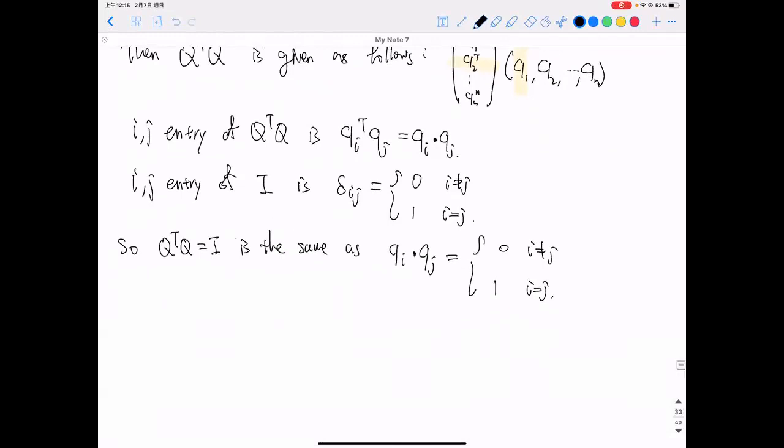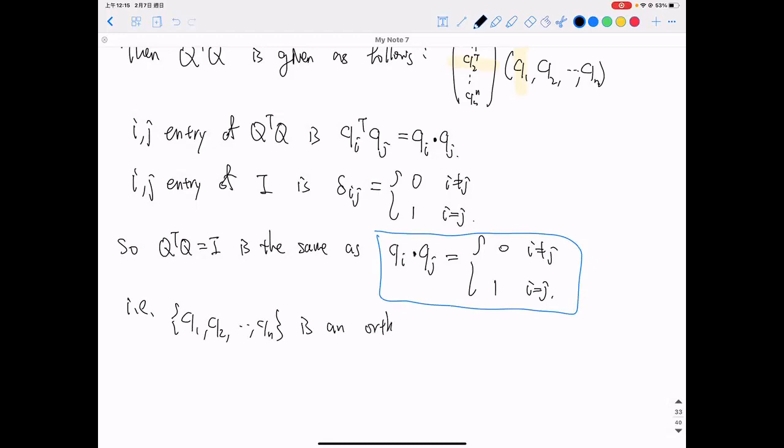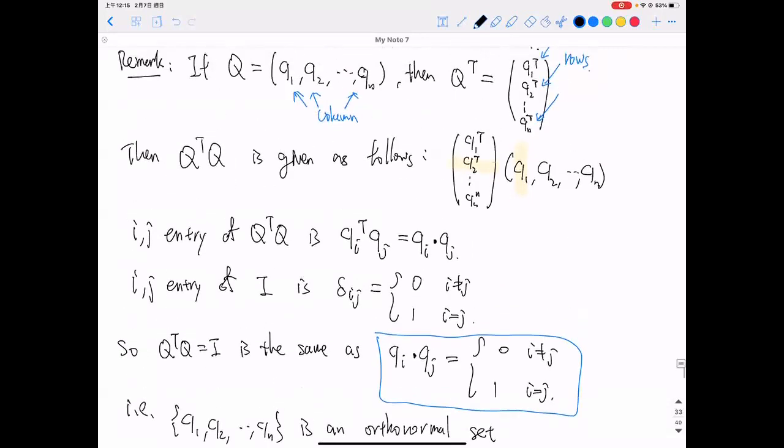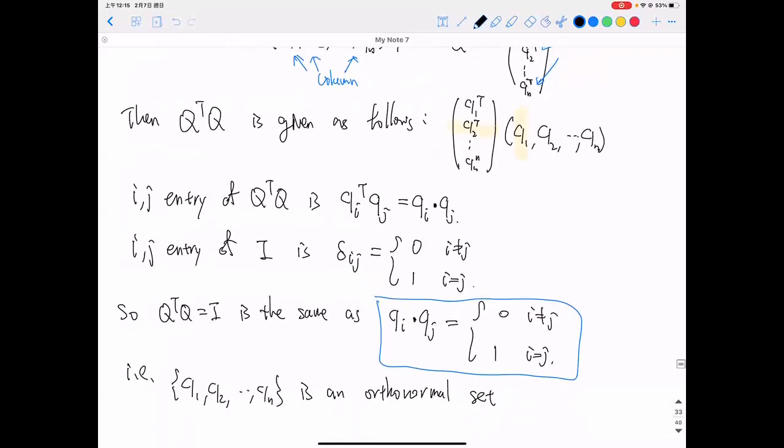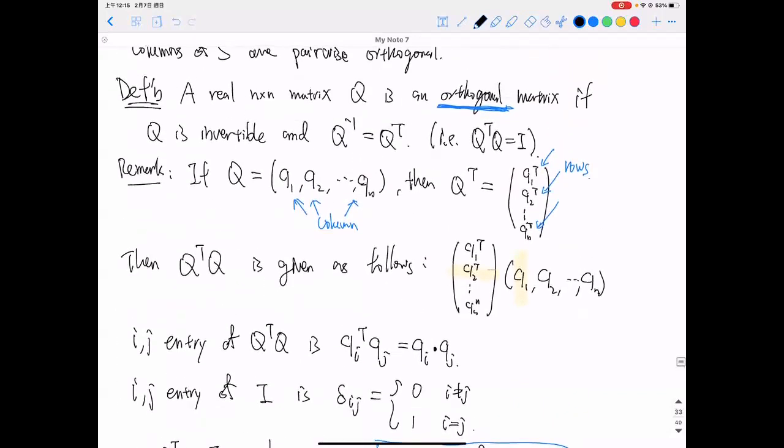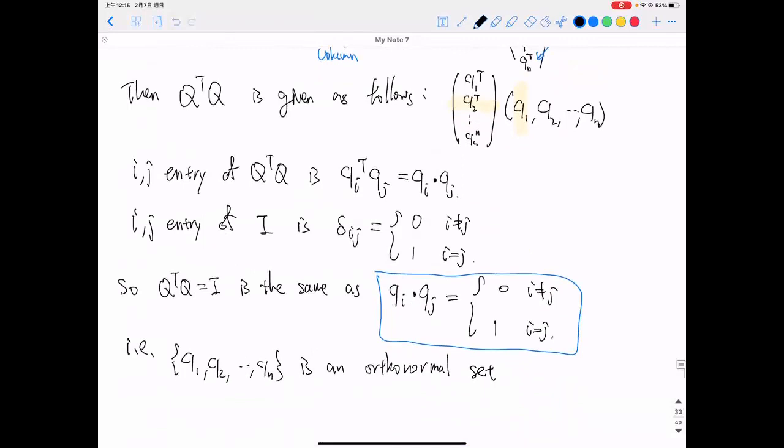And this condition about the dot products between the Q's is saying that the collection Q1, Q2, ..., Qn is an orthonormal set. Okay.